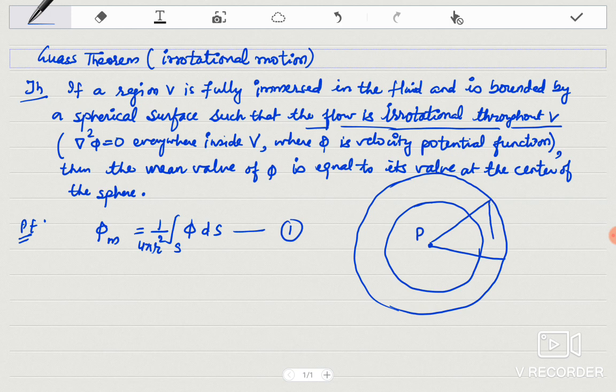Because it is a sphere, on the base you will get something like this. Similarly, it will cut another section in the concentric sphere. So I have taken a cone at P. The outer sphere has radius r, and the inner sphere has unit radius. Suppose this is theta.